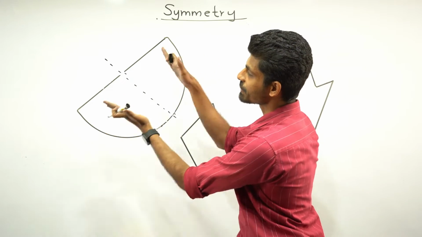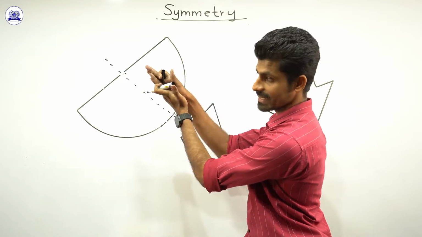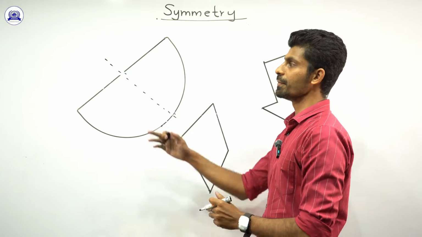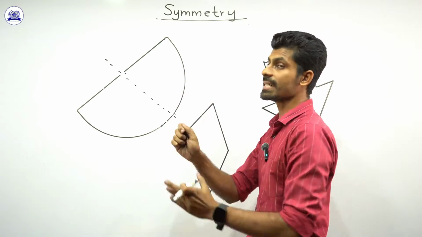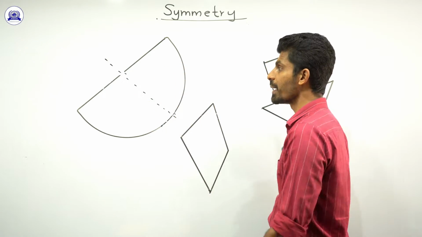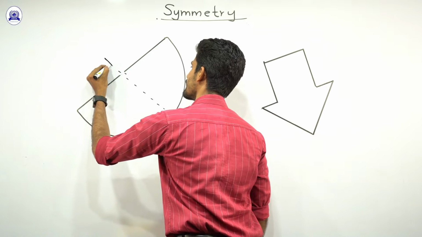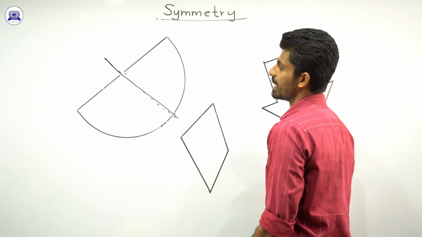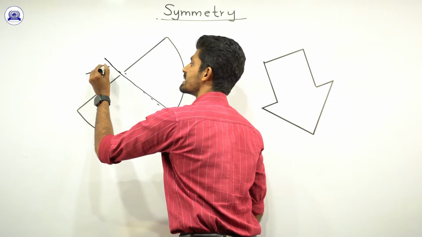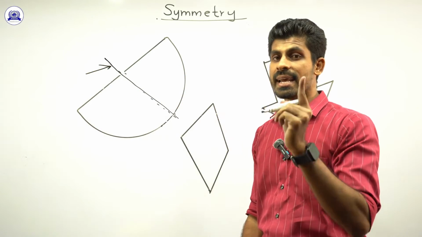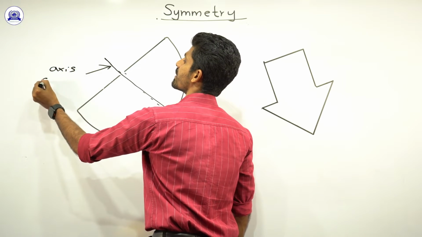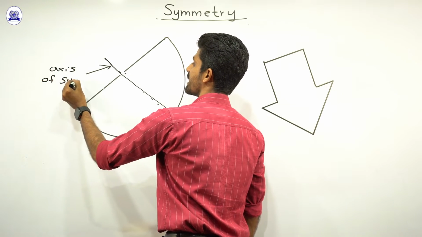If you fold along this axis, you can get equally 2 parts, right? You can get 2 equal parts along this axis. That axis is called the axis of symmetry.